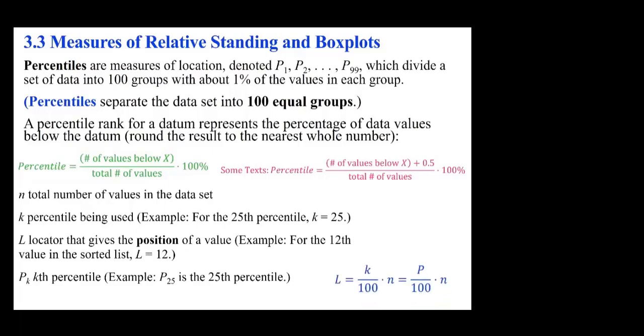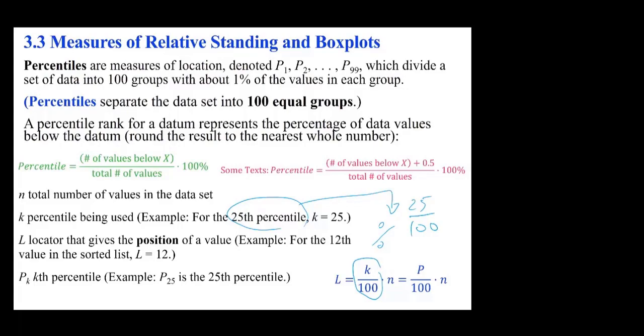We can say K over 100 times N, or P over 100 times N. And remember that K over 100 is really the percent format of the K. So when we say 25th percentile, just as an example, that means 25 over 100. That's the meaning of K over 100. Notice in the next formula, I say P over 100. Depends on the text. But understand, if you come across a different format, you don't want to be thrown off.